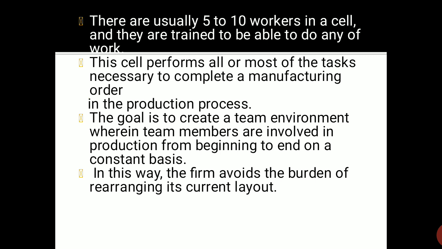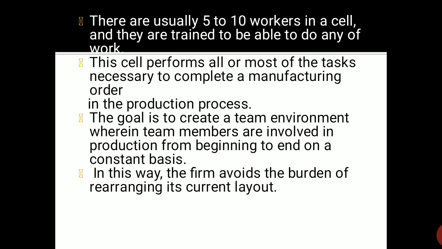There are usually 5 to 10 workers in a cell, and they are trained to be able to do any type of work. That means in a particular cell there may be as many as 5 to 10 workers, trained so well that whatever the function is, it can be performed easily by each one of them.